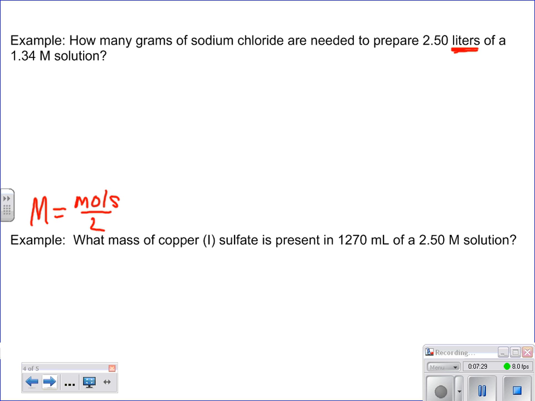So we have 1 unit there, 2.5 liters. Over here, never in your dimensional analysis problems are you ever going to see a big capital M. It's never going to cancel out with anything. So instead, we have to take that big capital M and change it to moles per liter. If you think about it in those terms, that's going to make the dimensional analysis a lot easier. There's 2 units.